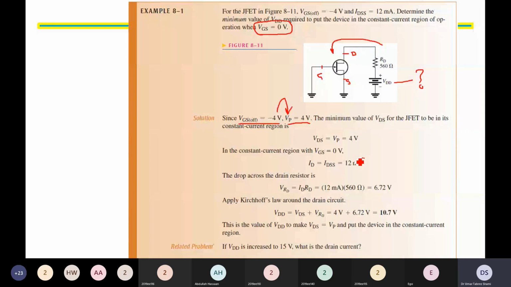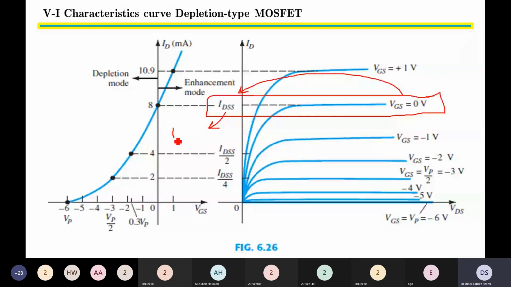Let us go back to the characteristics. Here we have VGS equal to 0, and at this time ID in our case is 12 milliampere from the characteristics.